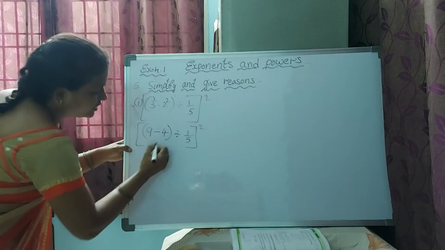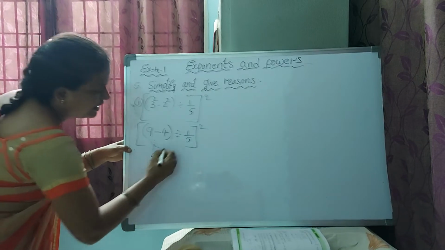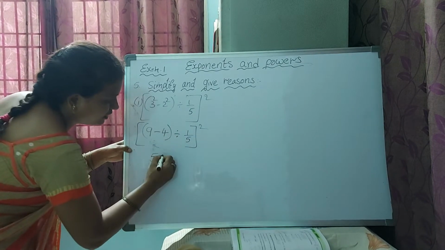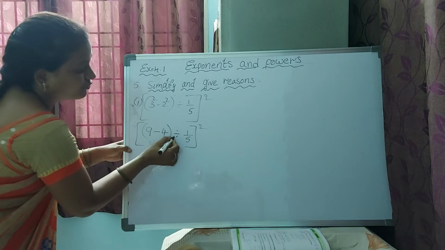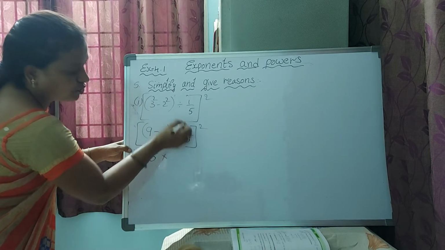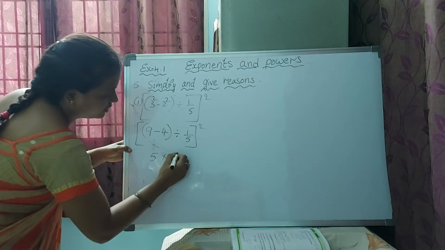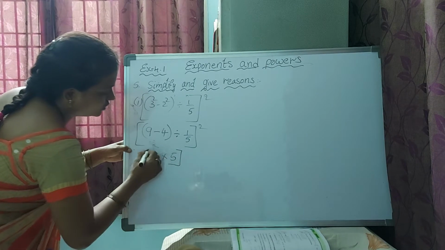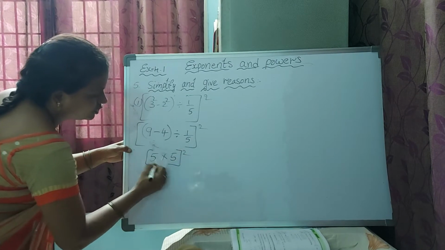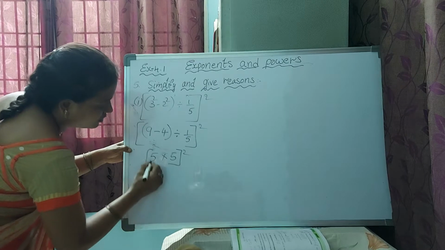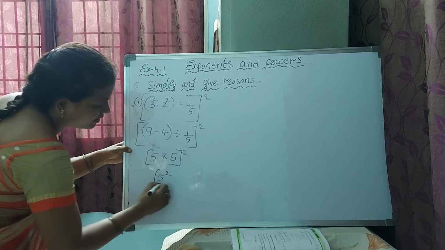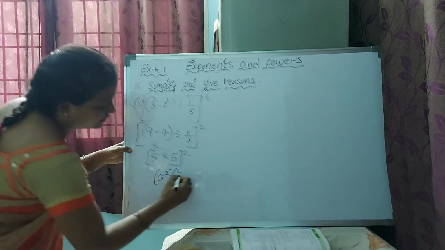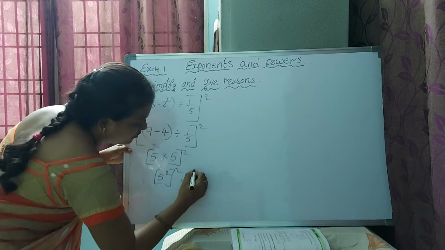So 9 minus 4, 5. Divided by, you change the symbol into multiplication, and we write the reciprocal of this one, 5 whole square is like that only. So 5 2 times square, again whole square, that is equal to 5 power 4.